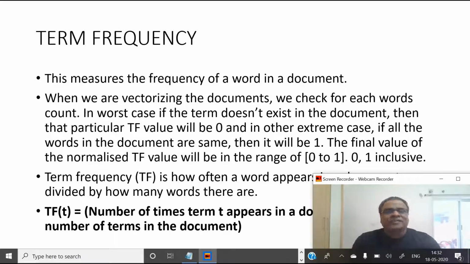In the worst case, if the term doesn't exist in the document, then that TF value will be 0, and in the other extreme case, if all the words in the document are the same, then it will be 1. The final value of the normalized TF value will be in the range of 0 to 1.